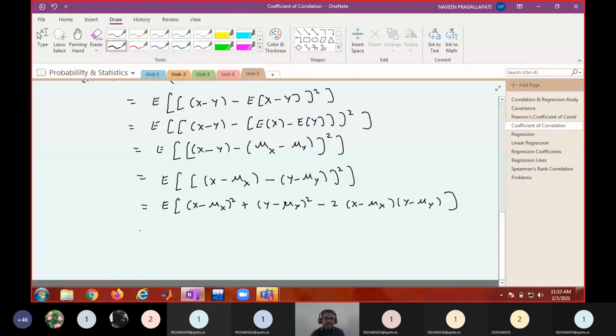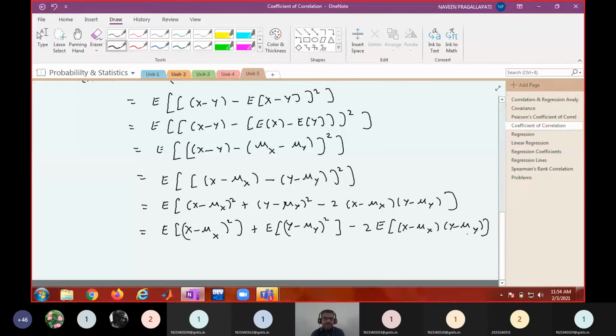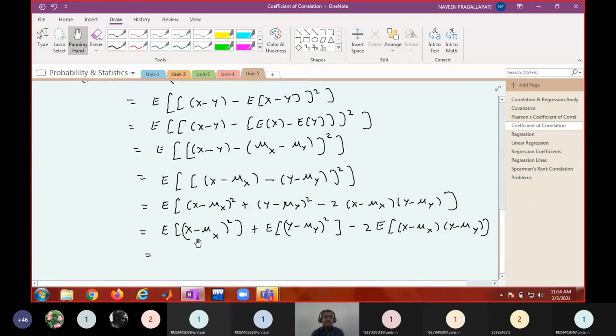And I know expectation is a linear operator, so this is expectation of x minus mu x whole square plus expectation of y minus mu y whole square minus 2 times expectation of x minus mu x into y minus mu y. Can you identify this? What is expectation of x minus mu x whole square?